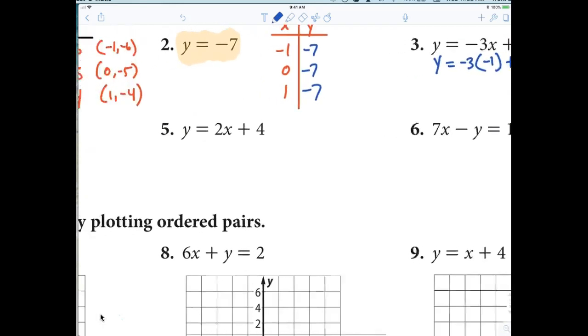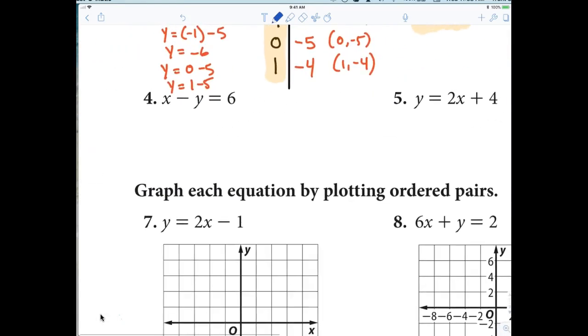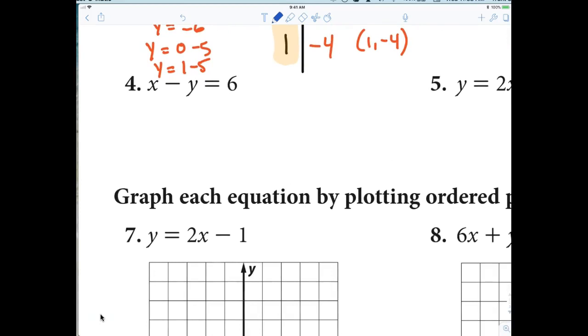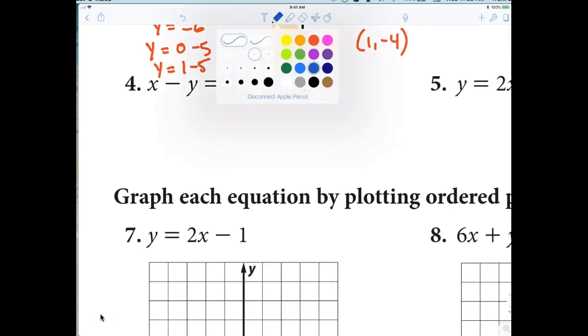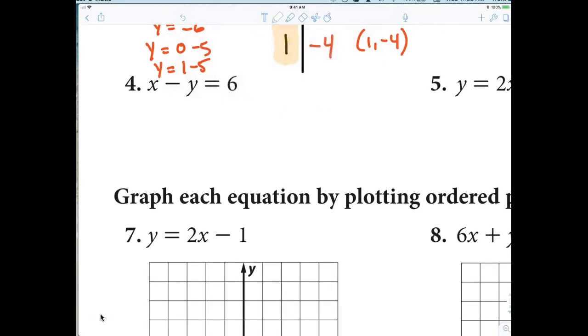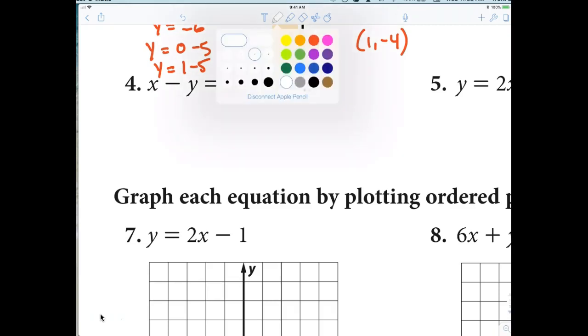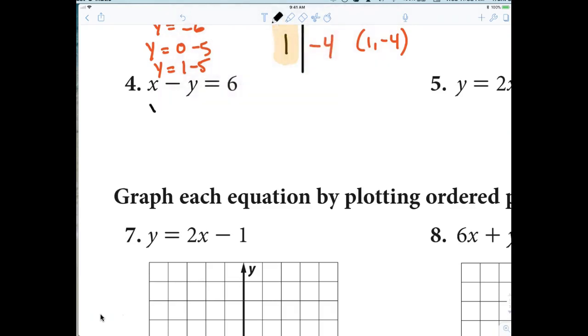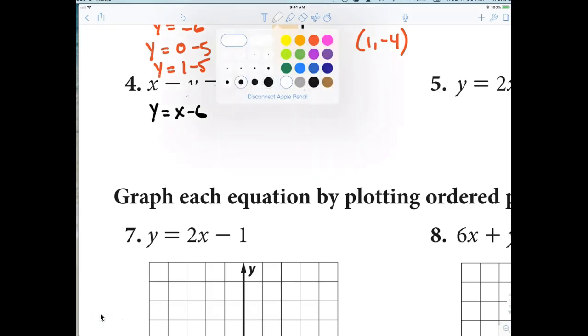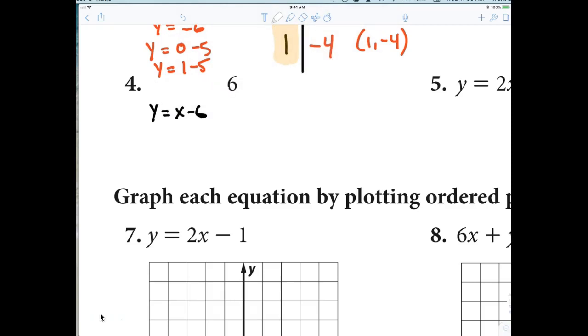Now, I want you to take out your white marker. And we're going to rewrite this as y equals x minus 6. I want you to change that. And you'll see what I mean. Everybody see what I did?